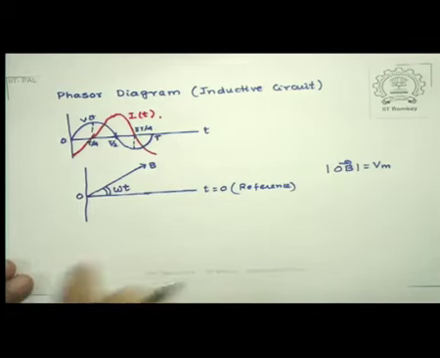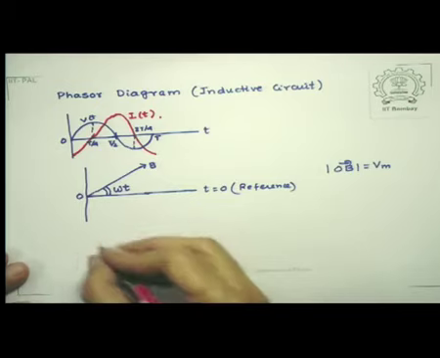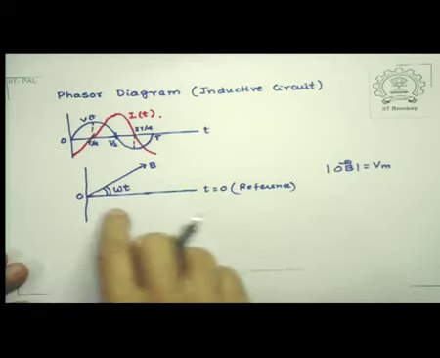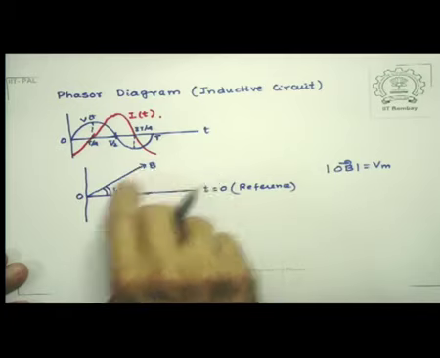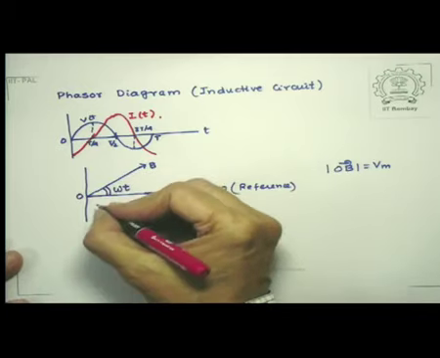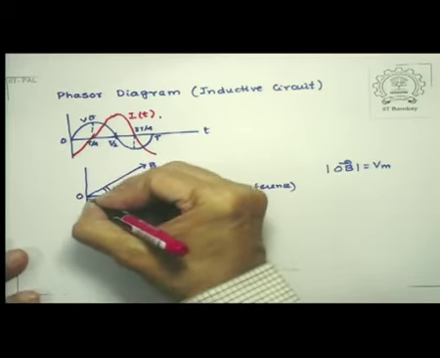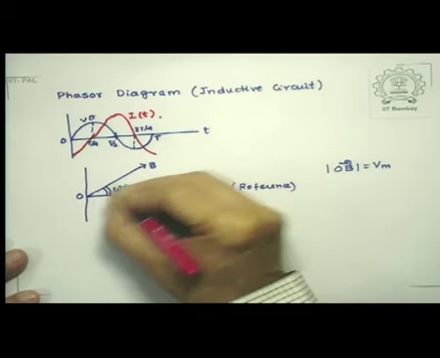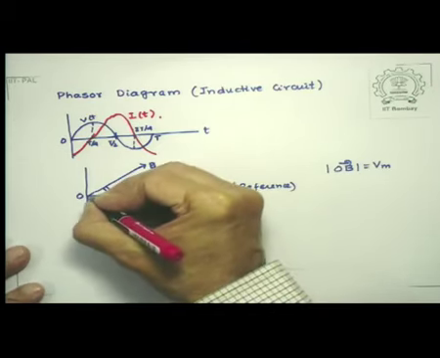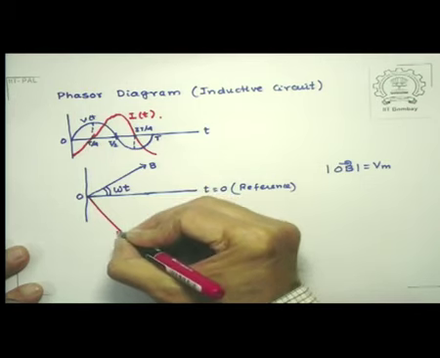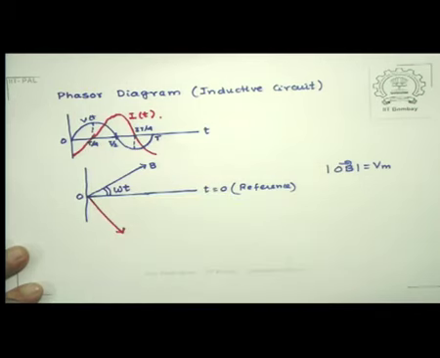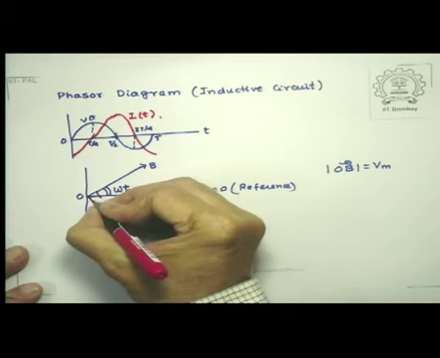Now, because the time lag between the voltage and the current is pi by 2, when this is in the first quadrant, the corresponding current will be in the fourth quadrant, and this angle will be 90 degrees.